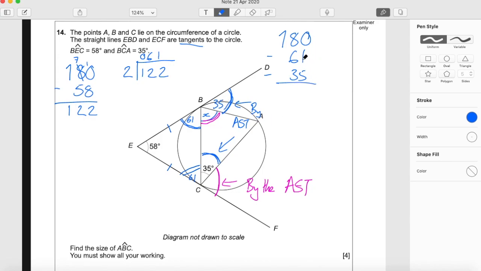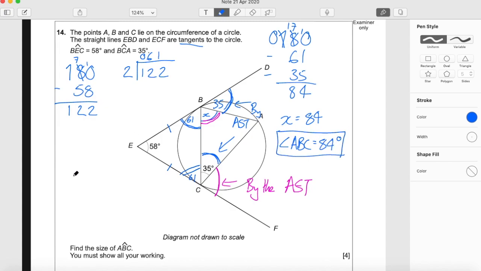So 180 minus 61 minus 35. I'm going to have to borrow the 1 again, so 10 minus 5 minus 6, that's 4. 7 minus 6 minus 3, I'm going to need to borrow this 1, so 17 minus 6 is 11, minus 3 is 8. So 84 is our angle X. And X was just angle ABC equals 84 degrees.